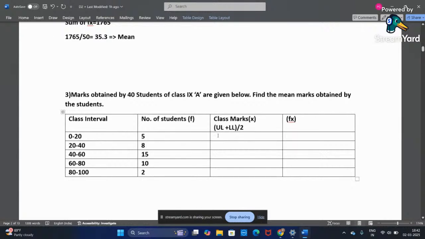So 20 minus 0 divided by 2, we get 10, right? Same way, do for the other four rows. 40 is the upper limit, 20 is the lower limit. Divide by 2. What is the answer?